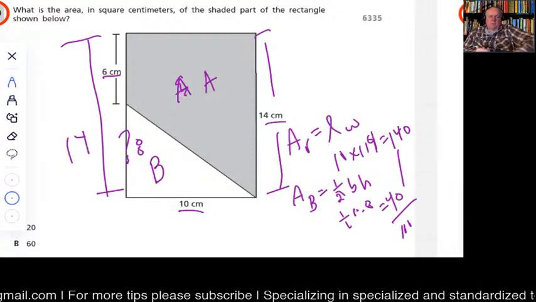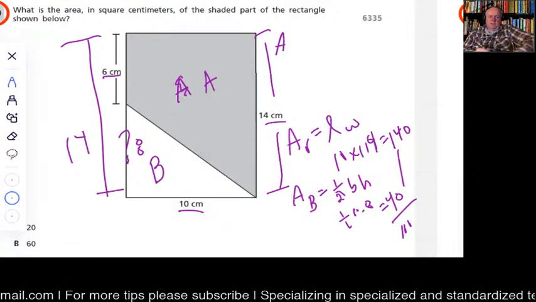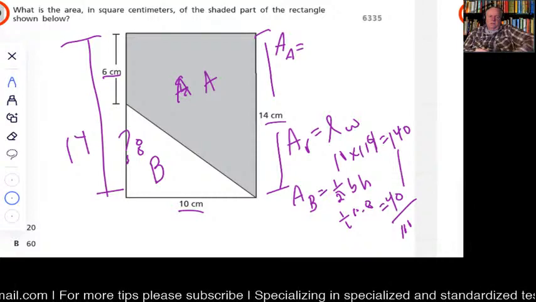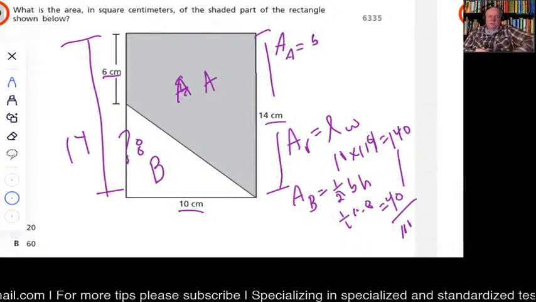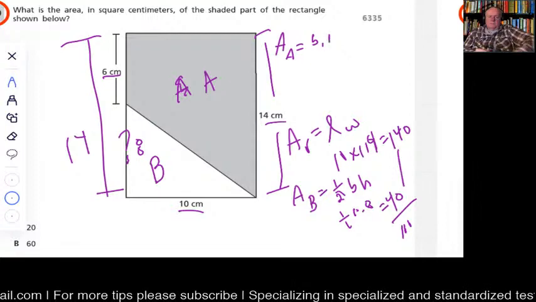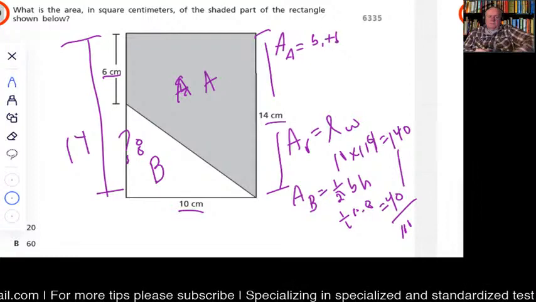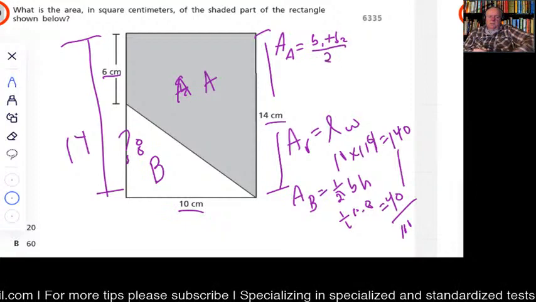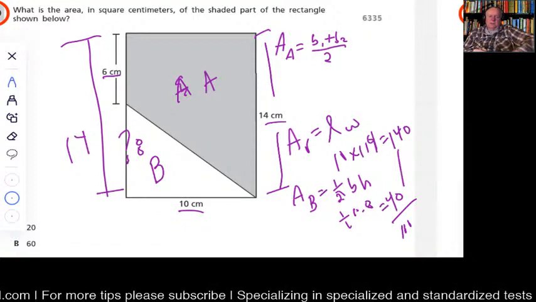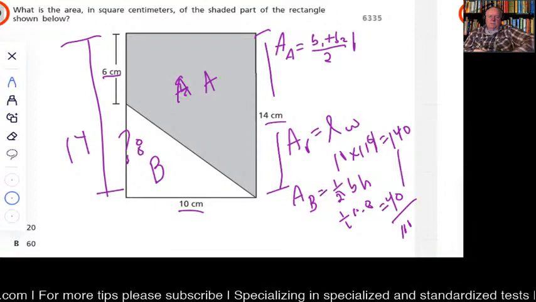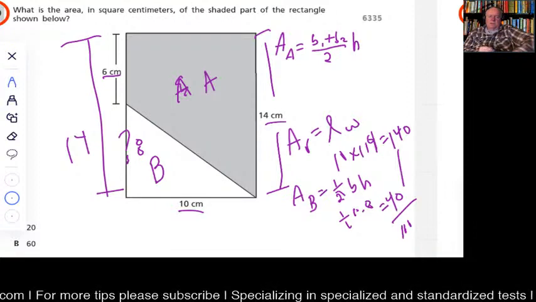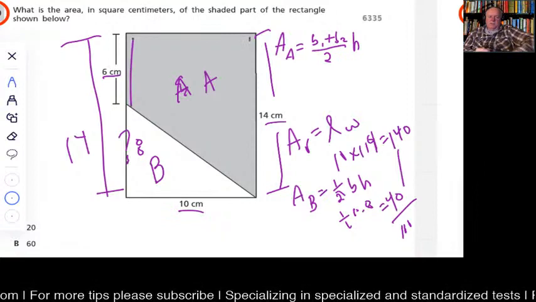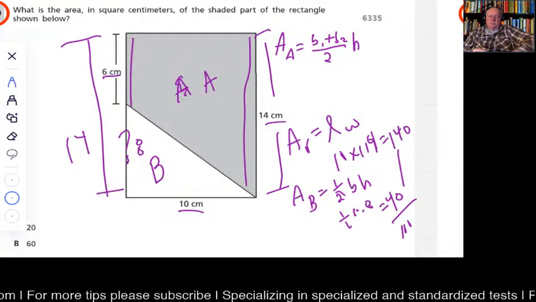So the area of a trapezoid, and I'll call it the area of A because that's what we're looking for, is the sum of the bases, their average, so divided by 2, times the height of the trapezoid. In this case, this is our one base here, and this here is our other base. So we've got a no-brainer.